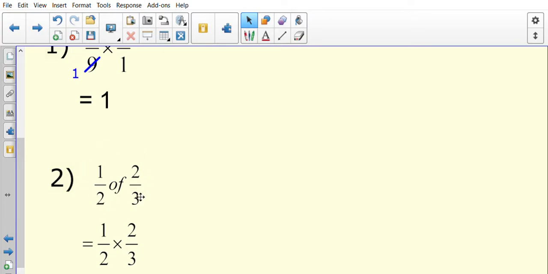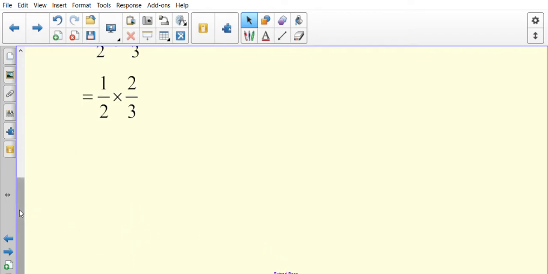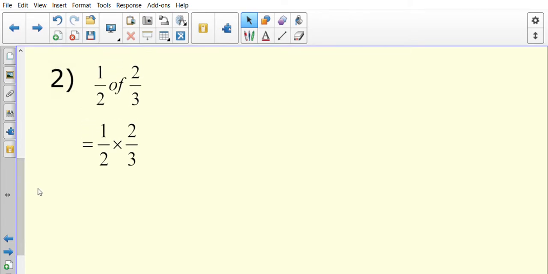Second example here, a half of 2/3. So as I've already said, remember of is the same as multiplying. This time I've got a half times 2/3. So I don't have a whole number anymore. So we're going to have to use this second strategy that I've spoken about, where you simplify diagonally.